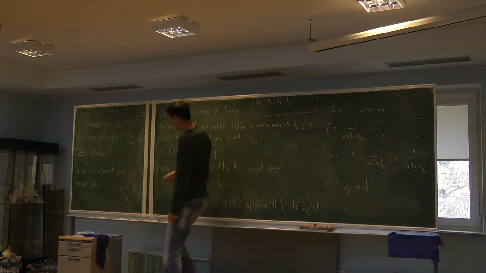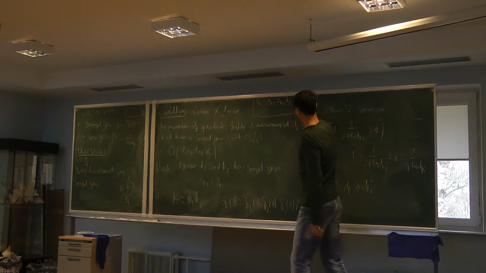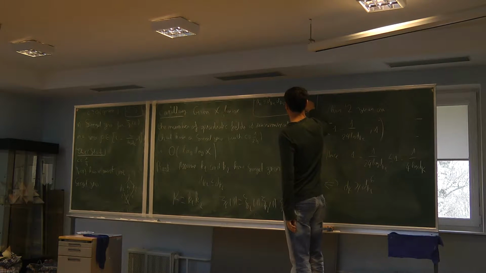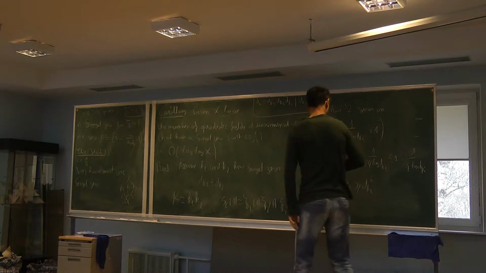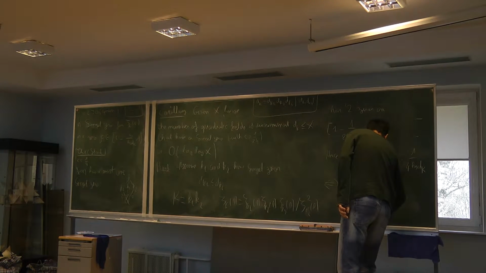And of course, the conductor of the third divides the product of the two. So this one should divide dk1 dk2, squared. Okay, so it means that dk is less than dk1 squared, dk2 squared. So I made a mistake somewhere.